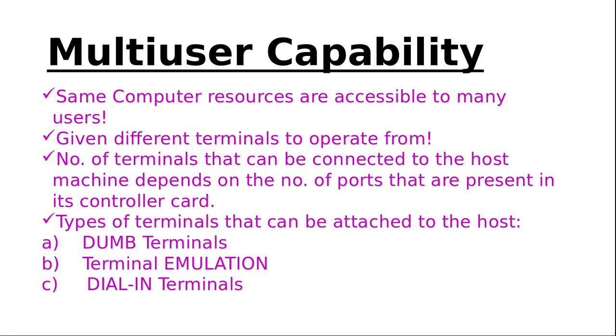If they are to be used, they have to be connected to the host machine. While in terminal emulation, a PC has its own microprocessor, memory, and disk drives. By attaching this PC to the host through a cable and running software on this PC, we can make it work as if it is a dumb terminal.